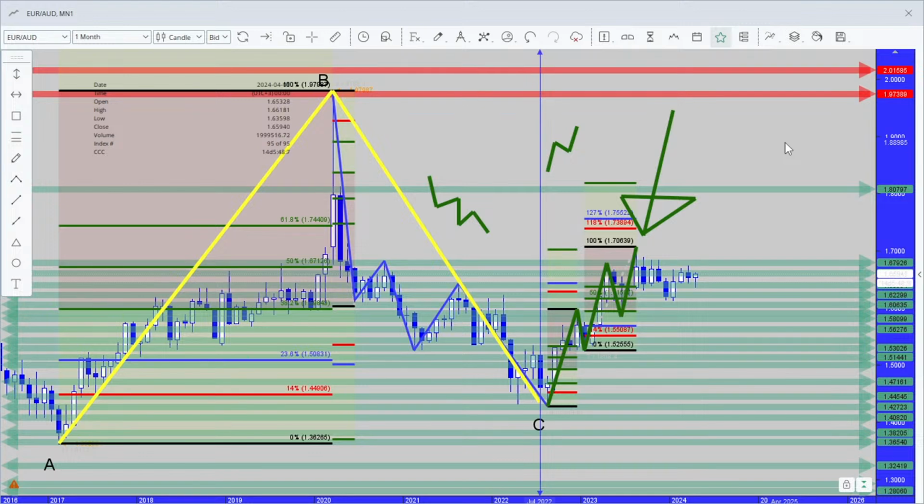Do we agree, everybody, that the monthly chart is, number one, an up Fibonacci, the original one, and number two, we are in extension? Agreed, everybody?